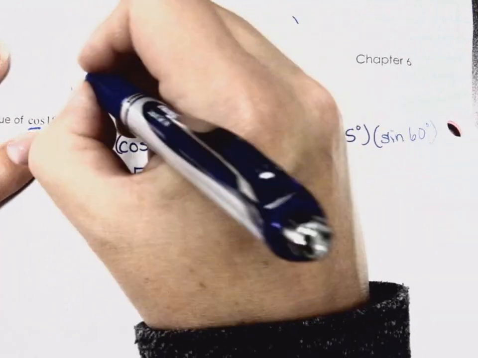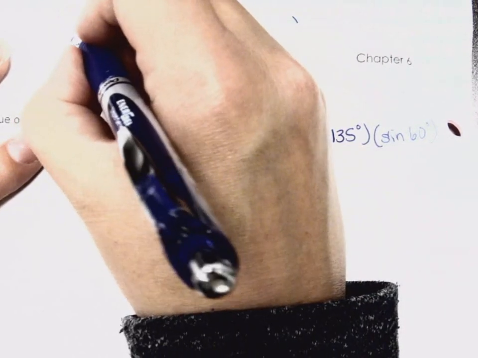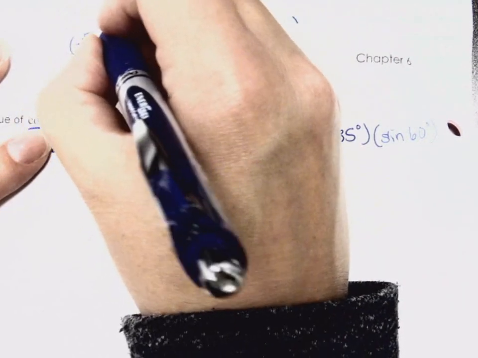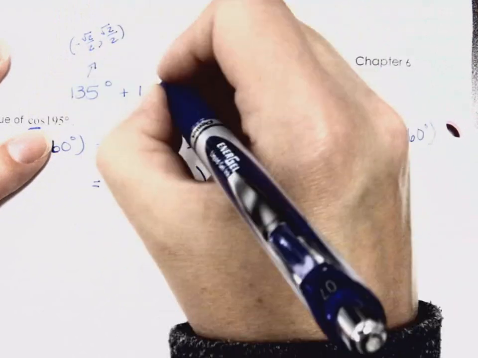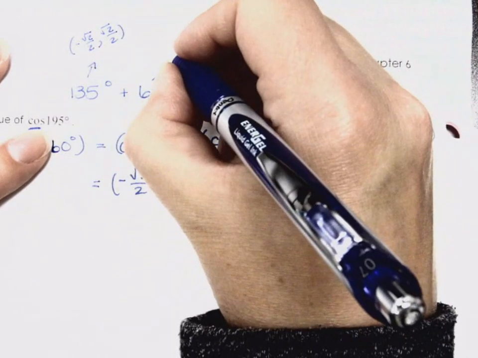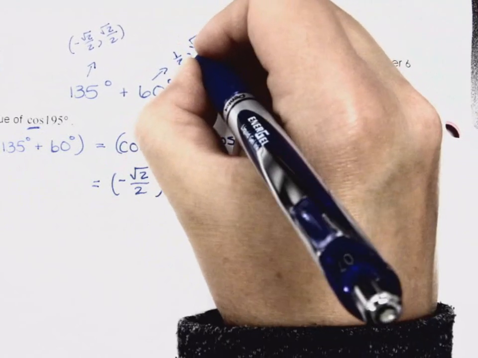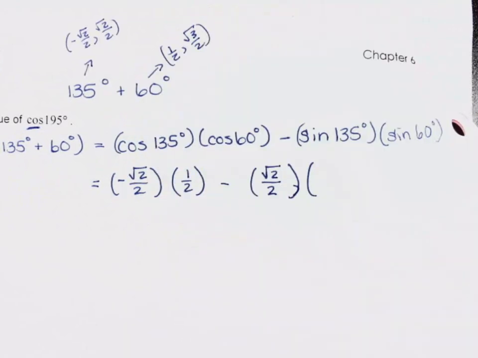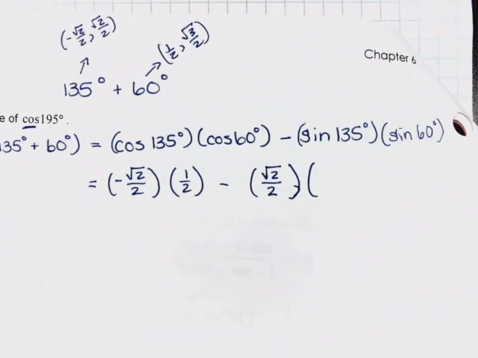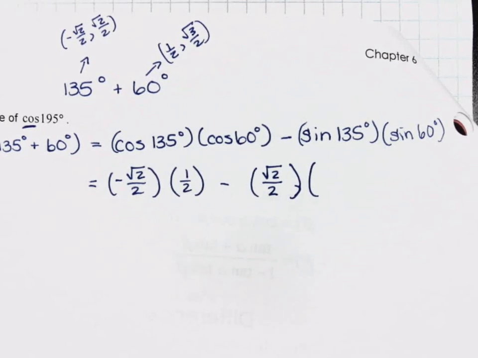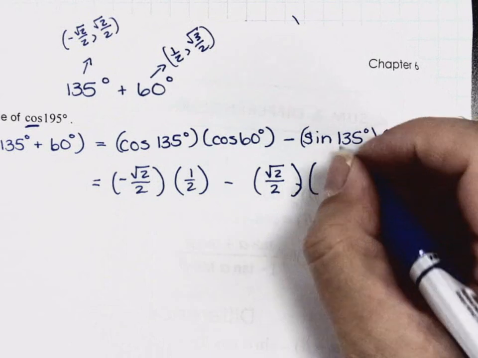So you go 135 and negative root 2 over 2 and root 2 over 2, and we know that this one is 1/2 and root 3 over 2. I don't know if that's helpful, just to get your information down on the page. But if you have your unit circle in front of you, you can find them as well.